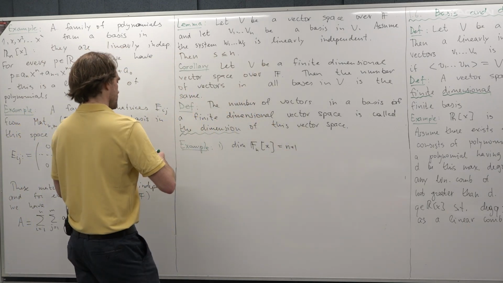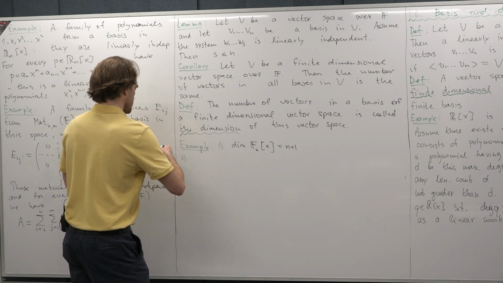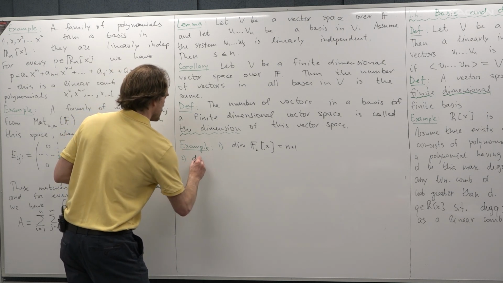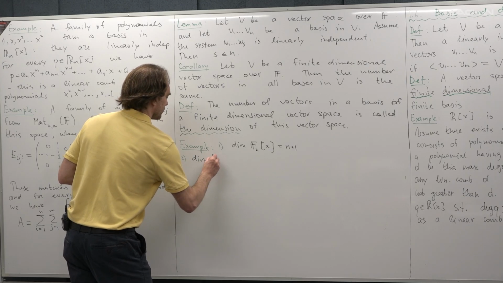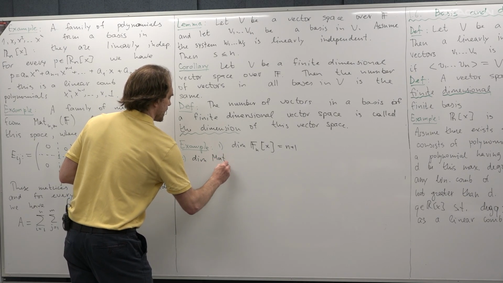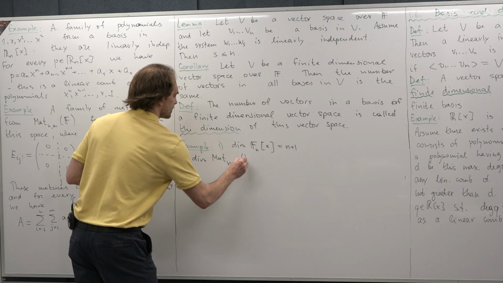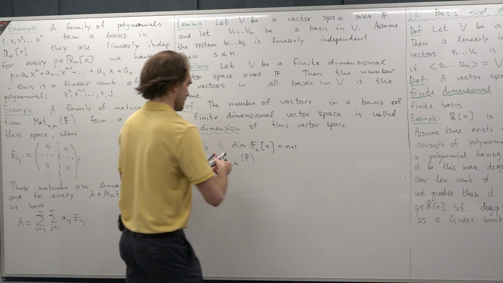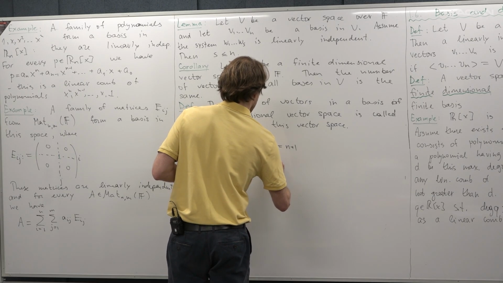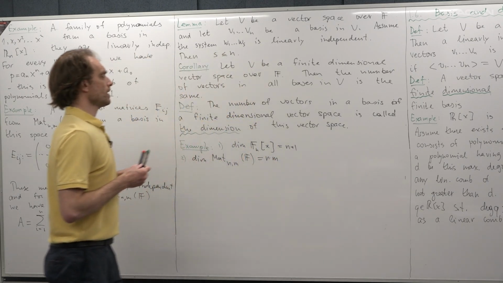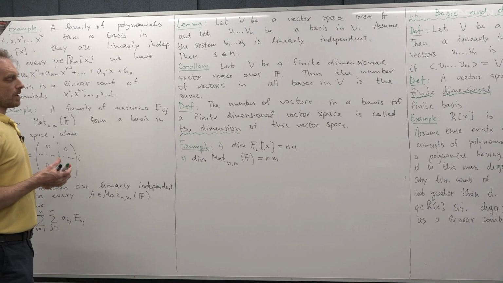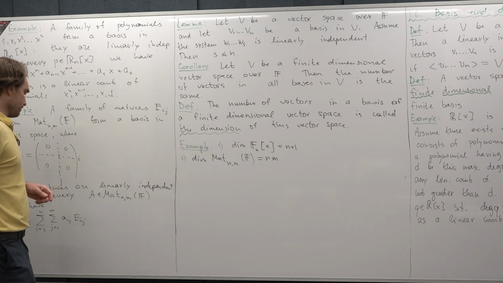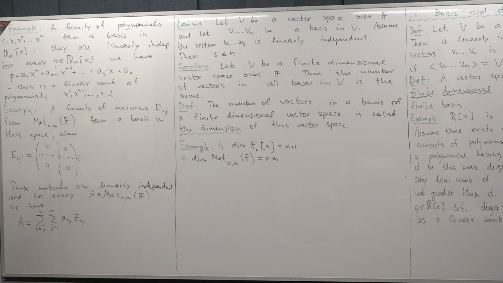And another example, so the dimension of the space of all matrices with n rows and m columns and with elements in some field is n multiplied by m, just because we have n multiplied by m vectors in the basis that we just introduced.